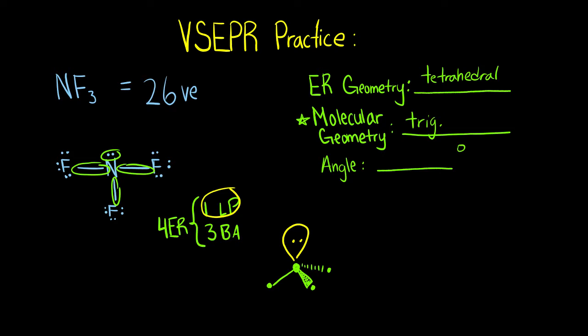And then which trigonal is it? Trigonal planar means there are 3 electron regions and they are all bonding areas. Trigonal pyramidal is the one where the atoms are not all in the same plane because there is a lone pair that is pushing or distorting them down. So trigonal pyramidal is the molecular geometry.